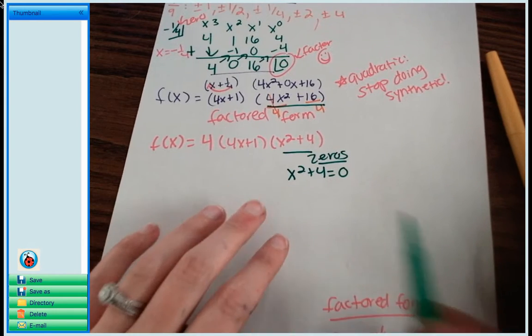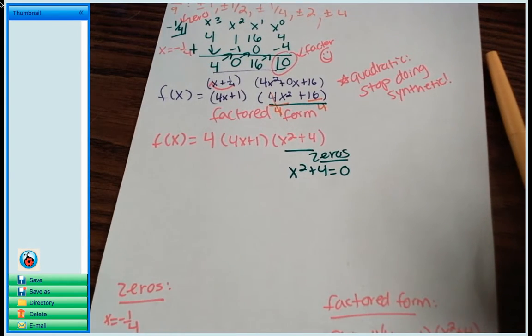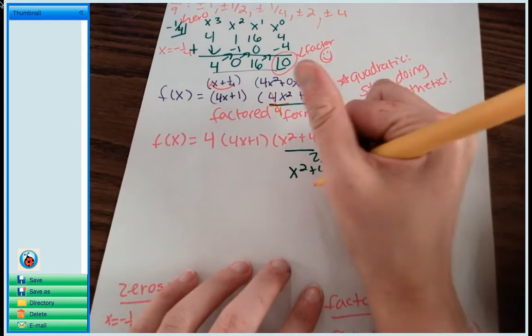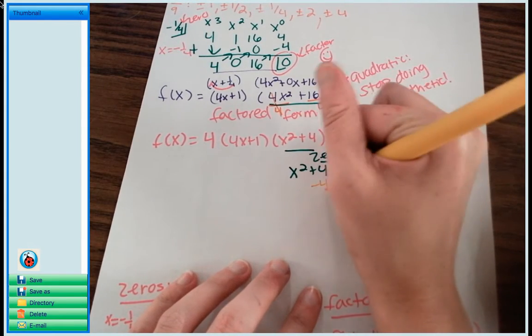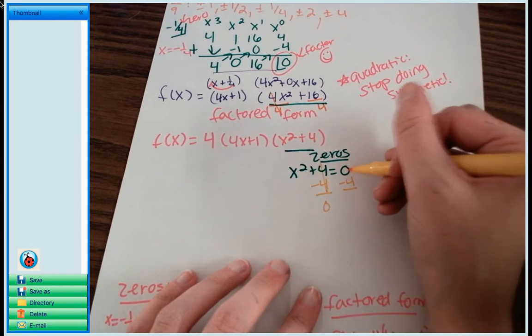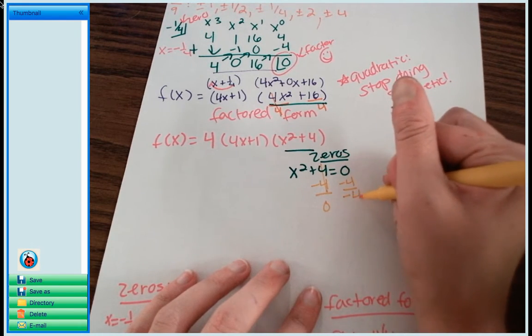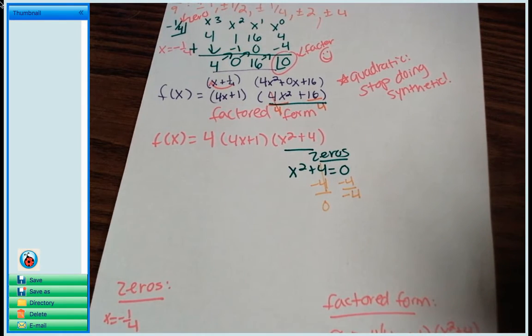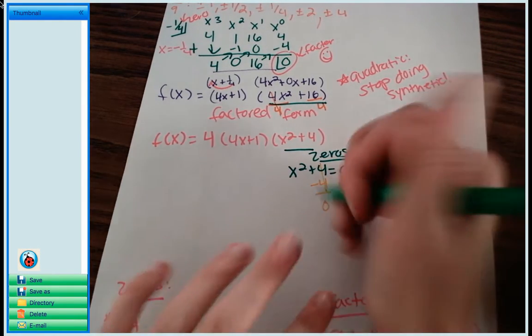All right, let's solve this thing. I'm going to bring my 4 to the other side, which the way I bring positive 4 to the other side is by subtracting it on both sides. 4 minus 4 cancels out and turns to 0. 0 minus 4 is negative 4. Okay, so we have x squared equals negative 4.